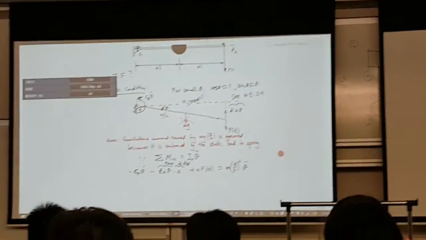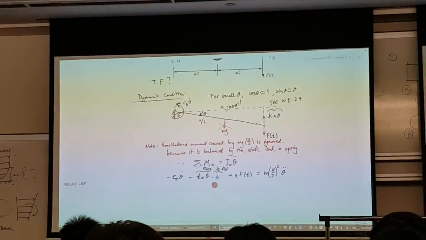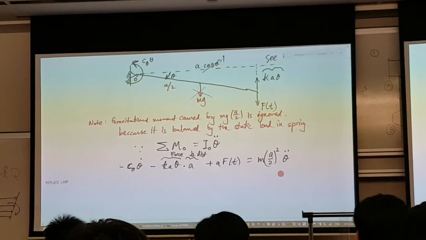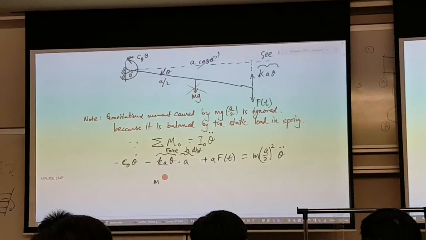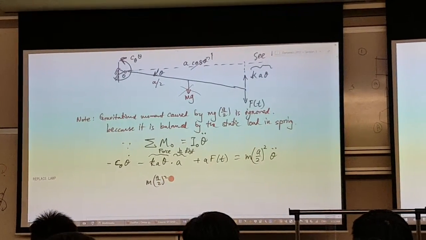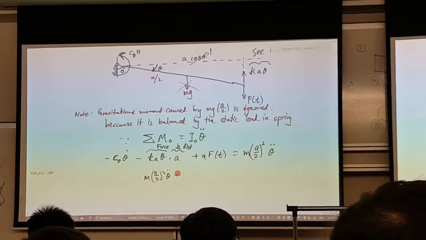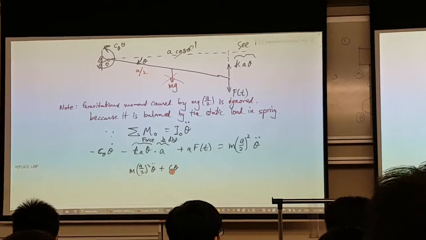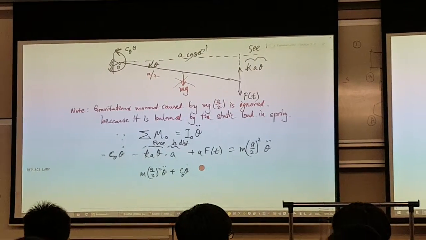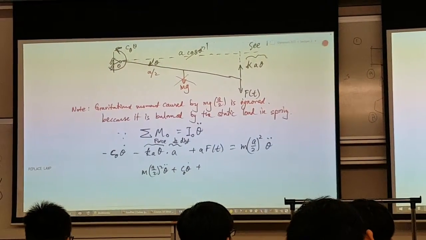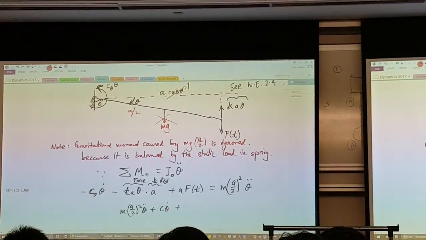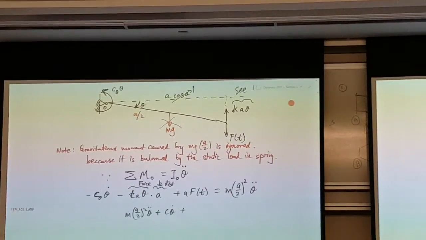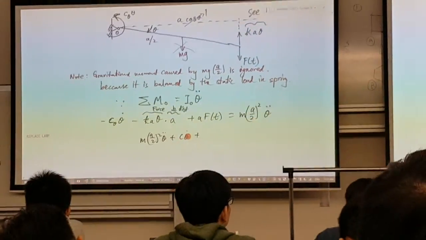So let's complete this equation. After a little bit of simplification, we're going to have m A over 2 squared theta dot dot plus c theta dot, or maybe I'll start using this small little theta over here, simplifying it.